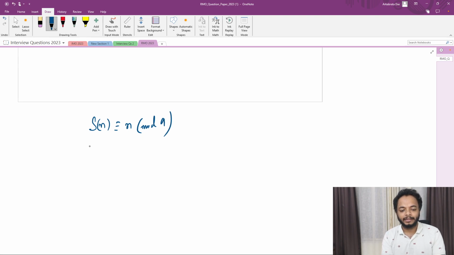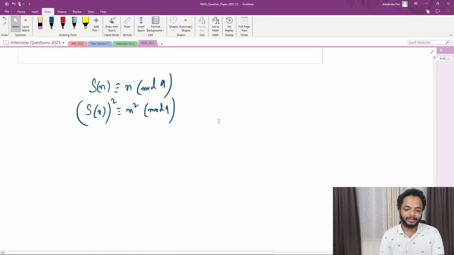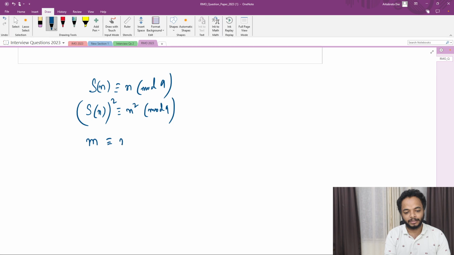And then we have that Sn square is congruent to n square modulo 9. But we know that Sn square is m, so that means m is congruent to n square modulo 9.